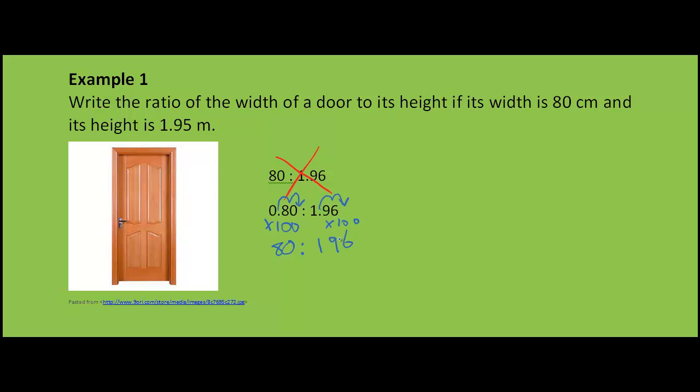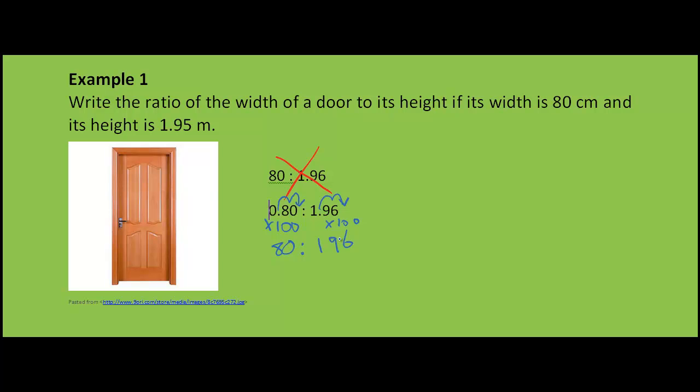Now this ratio, 80:196, has been written using whole numbers. The last thing we should check is if the ratio is in simplest form. Are there any common factors for 80 and 196? In other words, are there any numbers larger than 1 that divide evenly with no remainder into 80 and 196? In this case, 4 is the highest common factor.